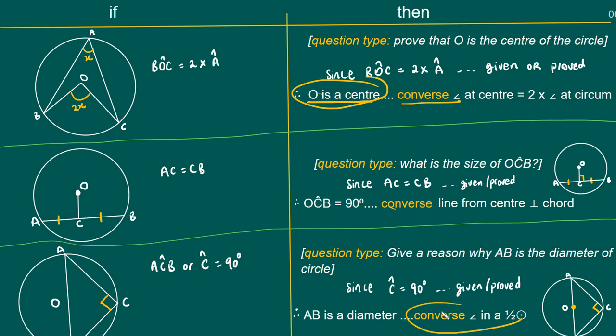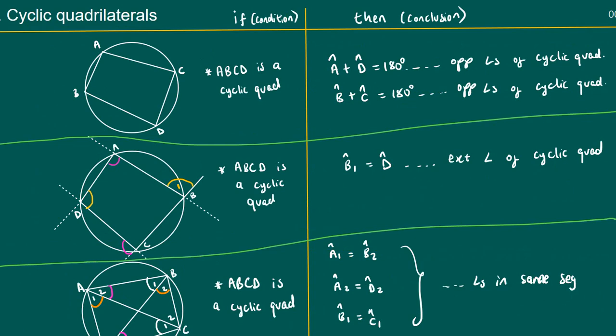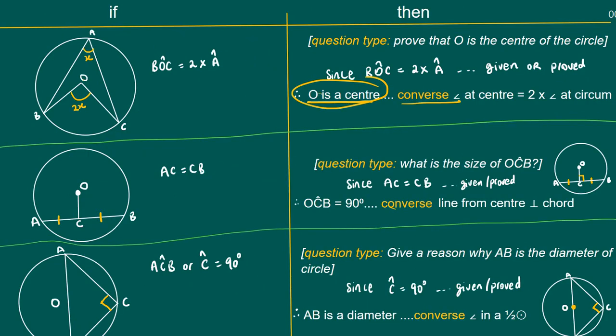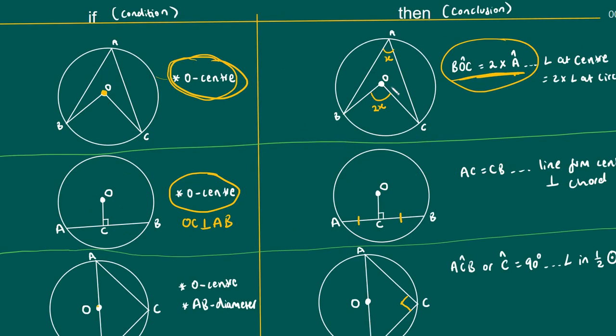Then we just use converse. That is how a converse works. It's you being given this part instead of being given a situation like this. So it's to be given the conclusion in a way.